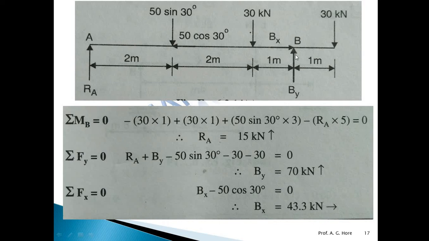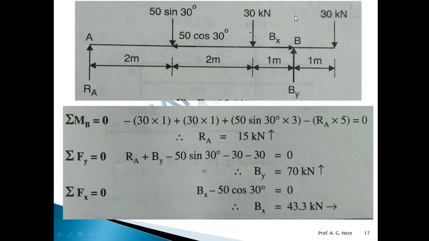Moment at B is 0. These two, Bx and By, both pass through this point B, so their moment is 0. This horizontal force's line of action also passes through B, so that is also 0. Now this 30 kilonewton is rotating clockwise, so minus 30 into 1.